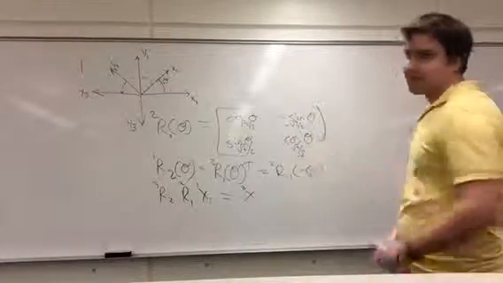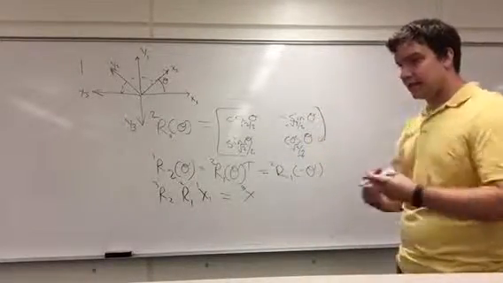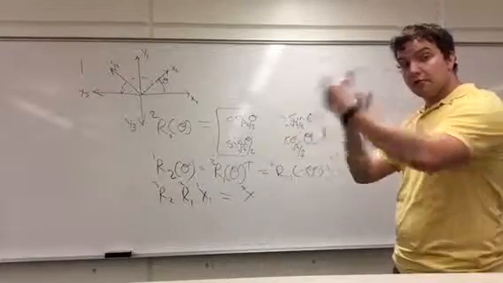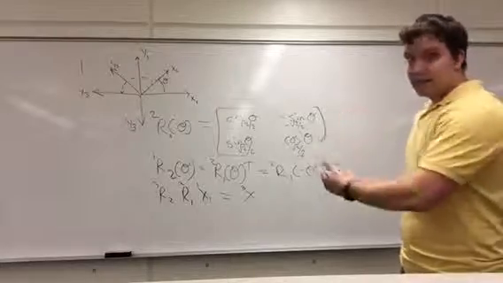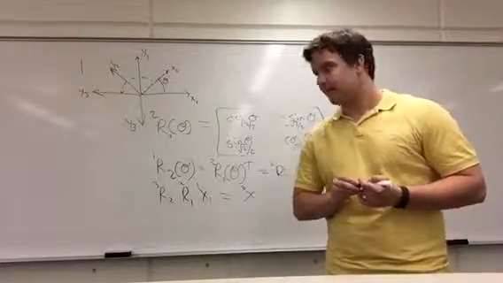So basically, by multiplying multiple rotational matrices together in the proper order, you can create a matrix that already encompasses the other rotational matrices.